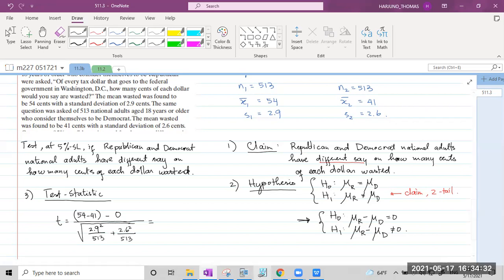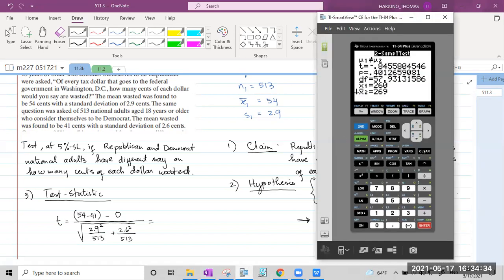Now we use our calculator. 54 minus 41, that's 13, divided by the square root of 2.9 squared over 513 plus 2.6 squared over 513.